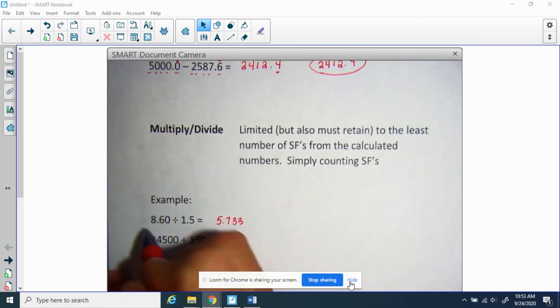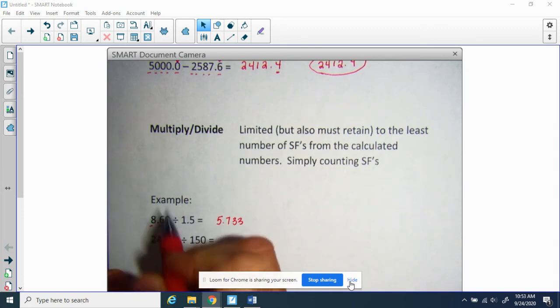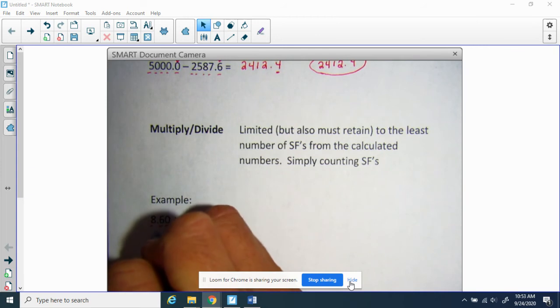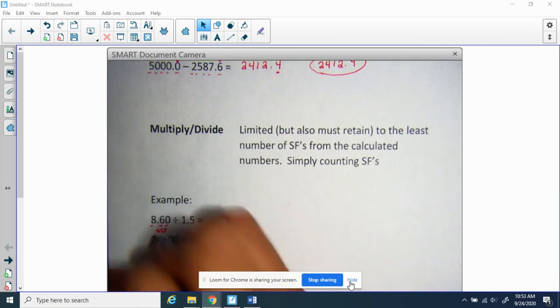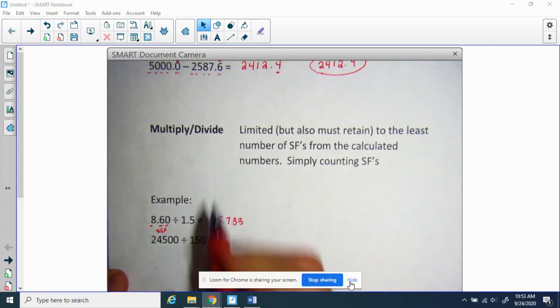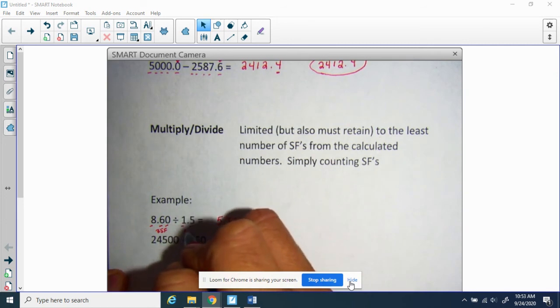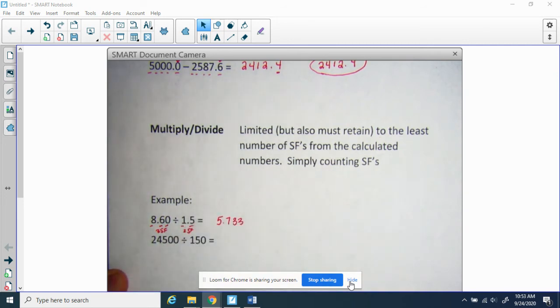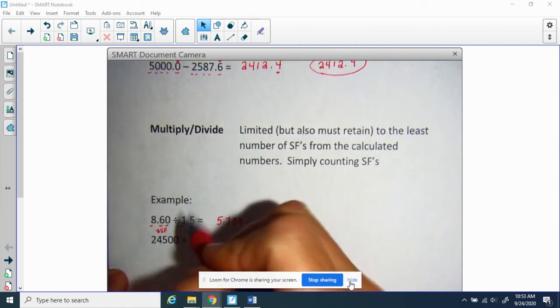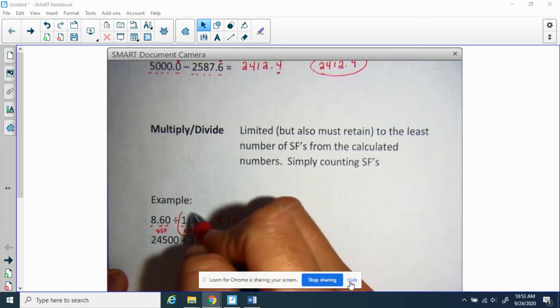So 8.60, I know this 8, the 6, and this 0 are all three significant. So this number has 3 sig figs. I'm going to put underneath, the 1.5 has 2 sig figs. So the one that's going to limit my answer is the one that has the least number of significant figures. So 3 here, 2 there. It's going to be the 1.5 limits.